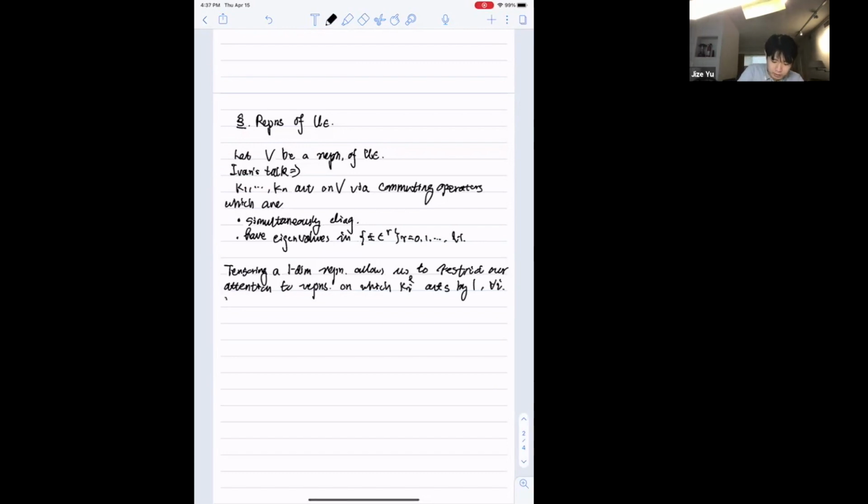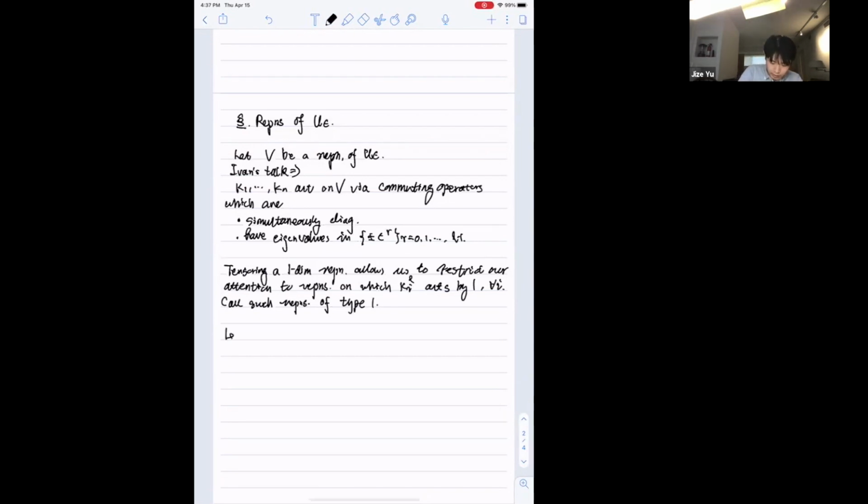And we will call such representations of type 1. So throughout the talk, we will focus on type 1 representations.